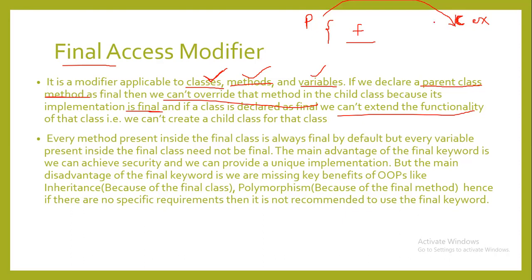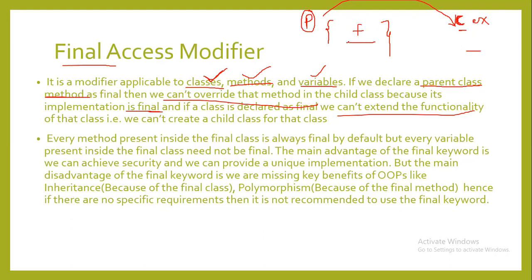Now, because the child class is a subclass of the parent class, you can override the methods you have within the parent class. You can tweak its functionality and modify it according to the new needs you come across, right?